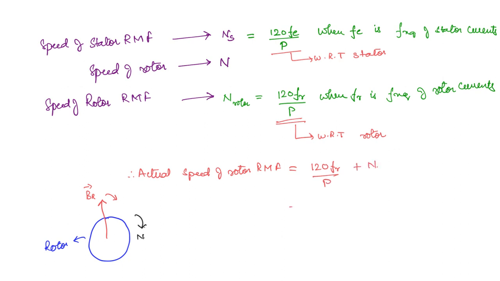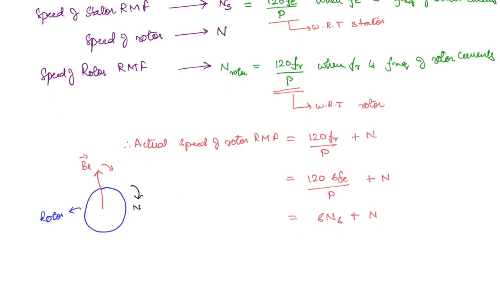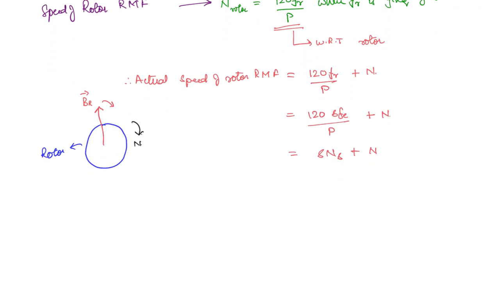Okay. So what will you get here? 120 into Fr you can write as S into Fe by P, plus n. Now this term will become S times Ns, because 120 Fe by P is the synchronous speed, Ns. So S Ns plus n. Now n also you can represent in terms of synchronous speed. How?